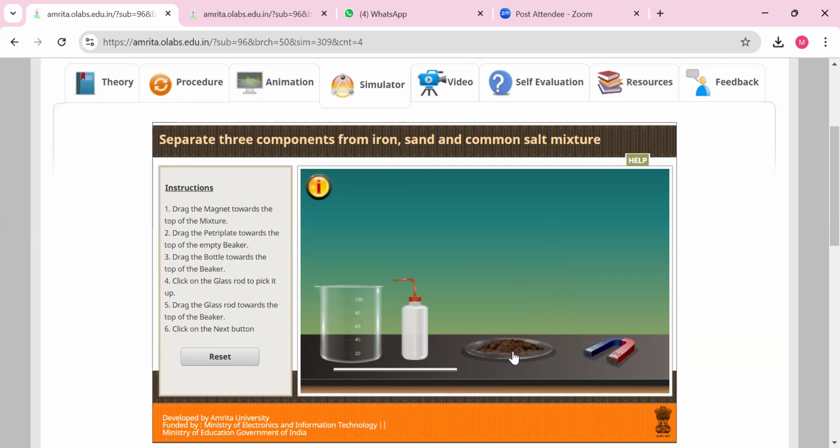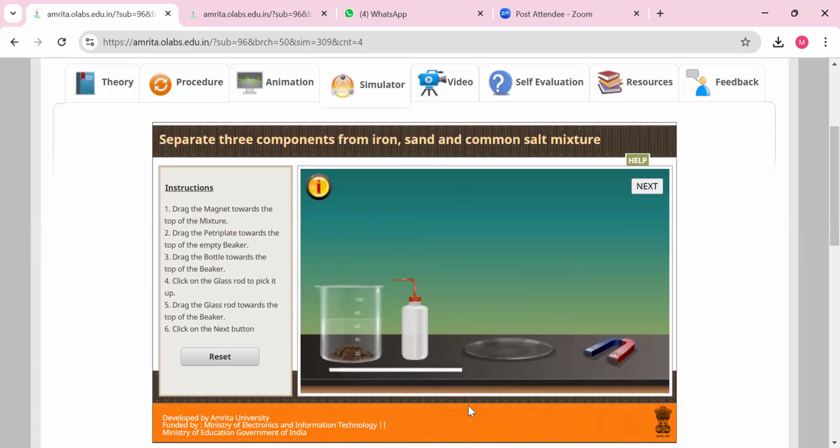Now I'm taking the plate and putting it into the beaker, adding some water, and then stirring the solution. Notice the beaker: the sand particles settle down at the bottom.